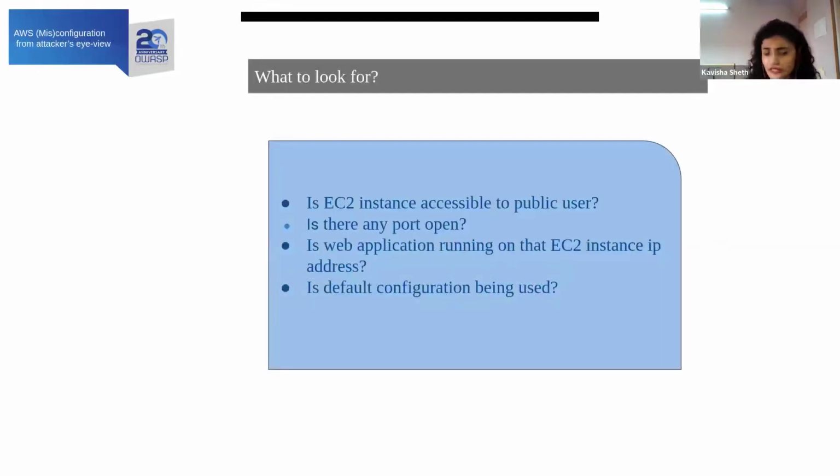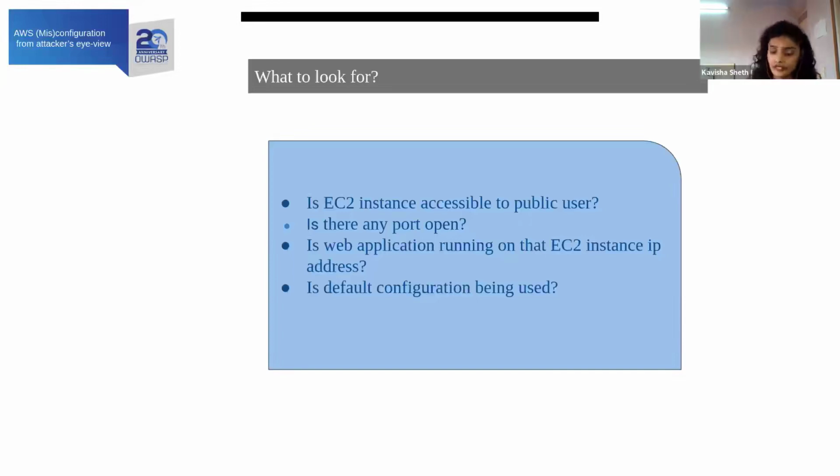We can't miss the EC2 misconfiguration as well. When you talk about EC2 misconfiguration, what should you look for? Questions to ask yourself: is there an EC2 instance accessible to public users? Is there any port open? If you find the EC2 instance, is a web application running on the EC2 instance IP address? If you find the public IP address of the EC2 instance, look if there is a web application running.